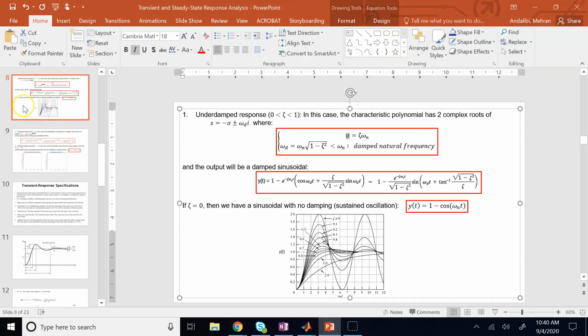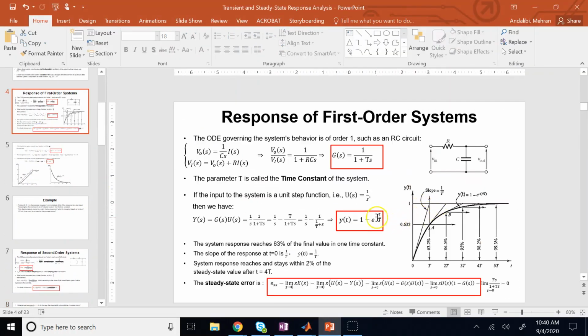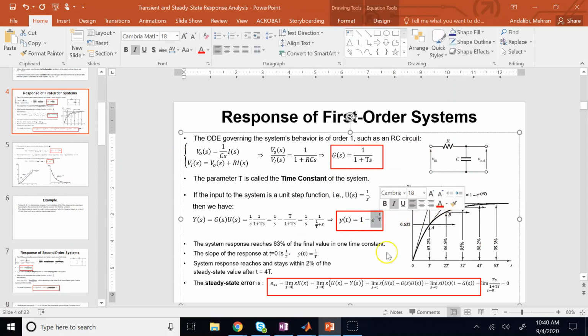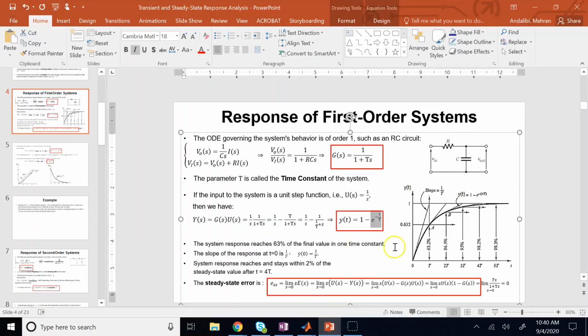Now, in a first order system, how was the response? In a first order system, your response was e to the negative t over T. So this is equivalent to e to the negative t over T. Now if you compare T and sigma, you see that T for the second order system is 1 over sigma.